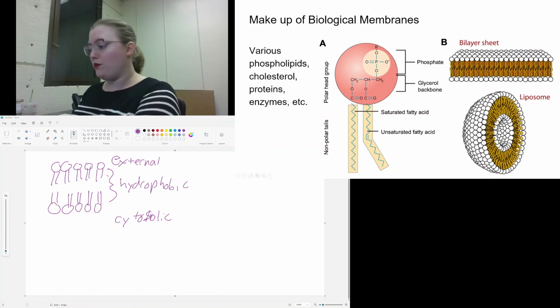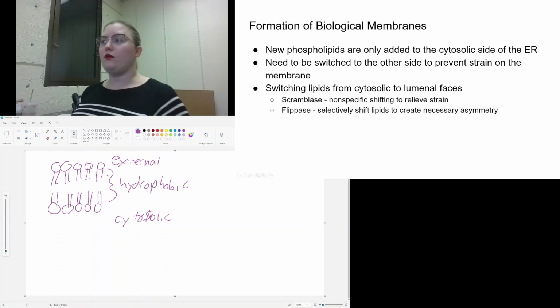Vesicles are also made up of biological membranes. Now, phospholipid bilayers or biological membranes, they have the capacity to grow and reshape, right? And to be able to grow and reshape, they need to have more lipids added to them.